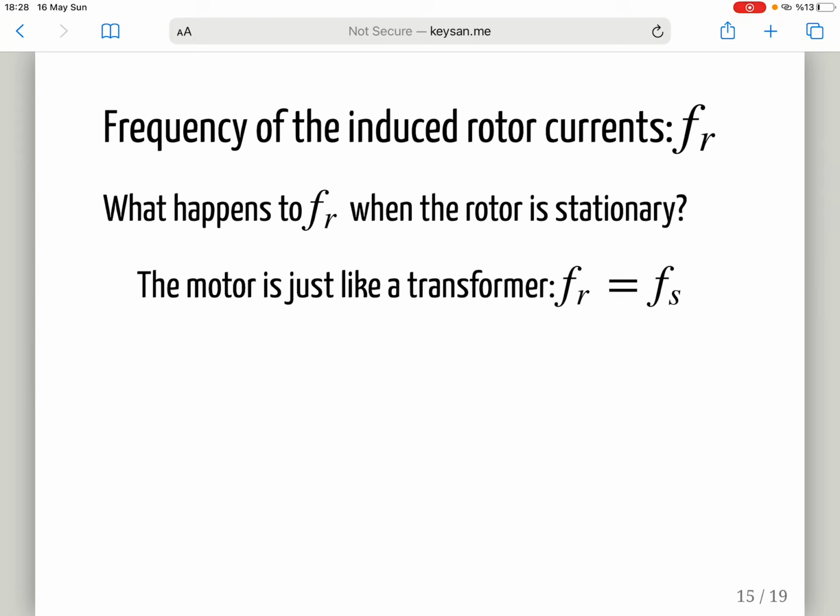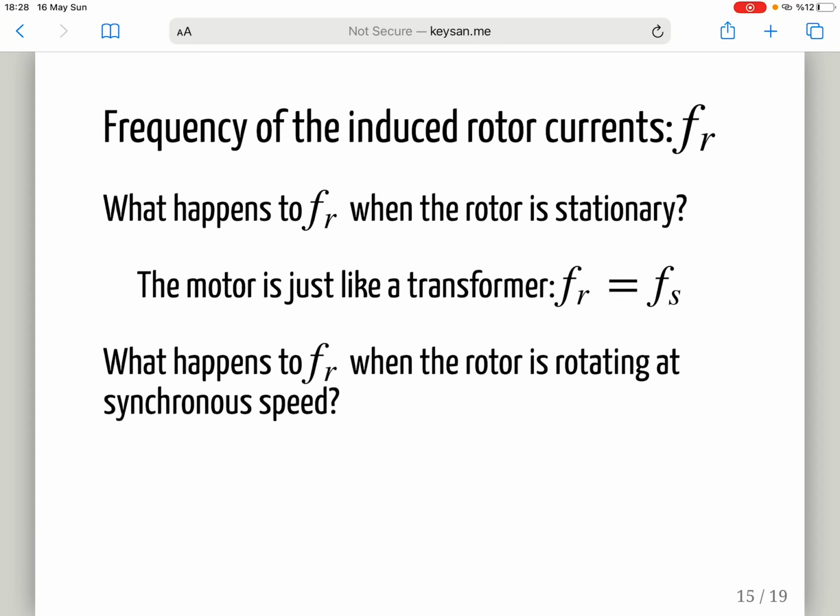You have some short circuit coils that are stationary, and you are applying a rotating MMF at Fs. For example, if you are applying 50 Hertz to the stator, and the rotor is not rotating because you are holding it, then you will see 50 Hertz induced voltage in the rotor bars, in the rotor windings, as if it is a stationary transformer.